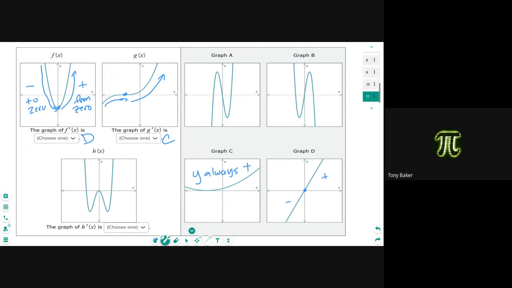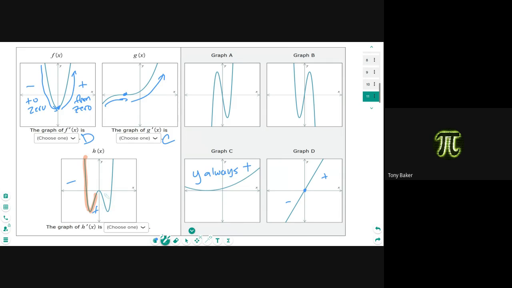All right, let's look at h of x. How's the slope working on h of x? What's the slope over here? It's going down, right? So it's negative. And then that part's what? That would be positive.